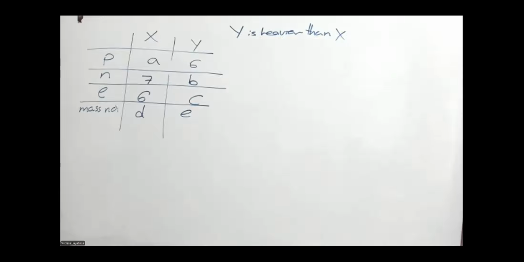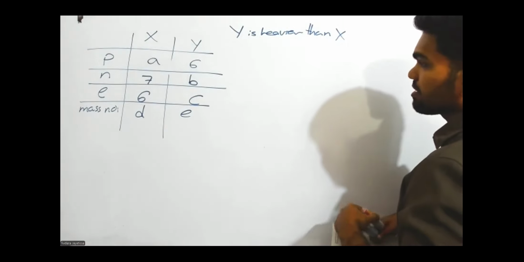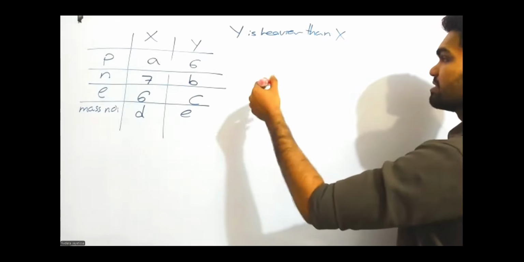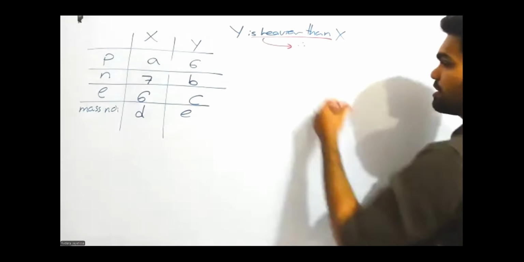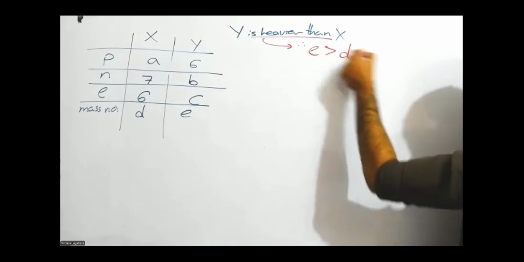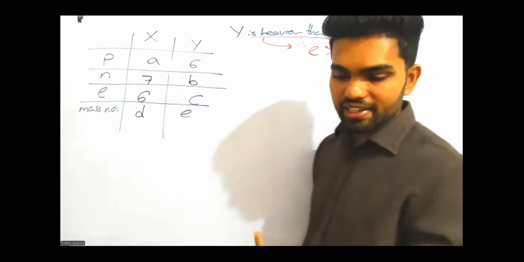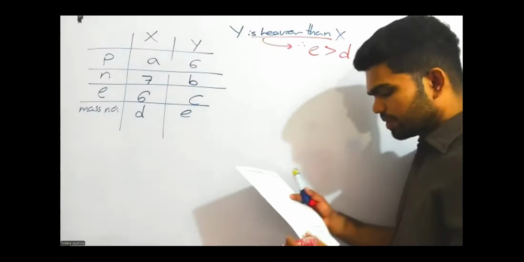So, if Y is heavier than X, the mass number of Y is greater than that of X. That means, depending on this information, E should be larger than D. Understand? E should be larger than D. Then check your answers.